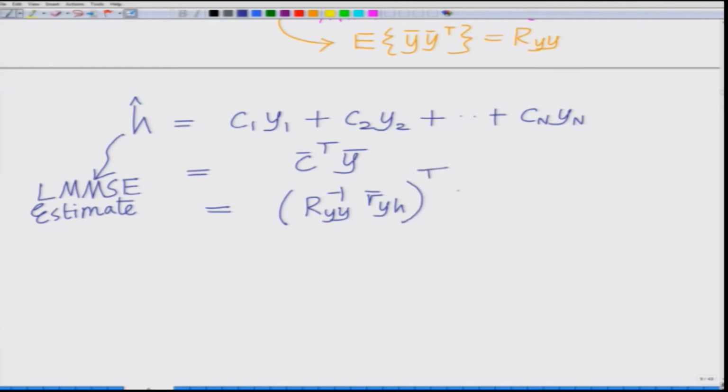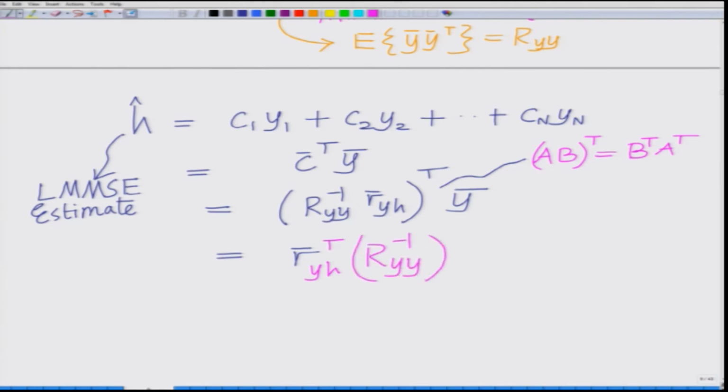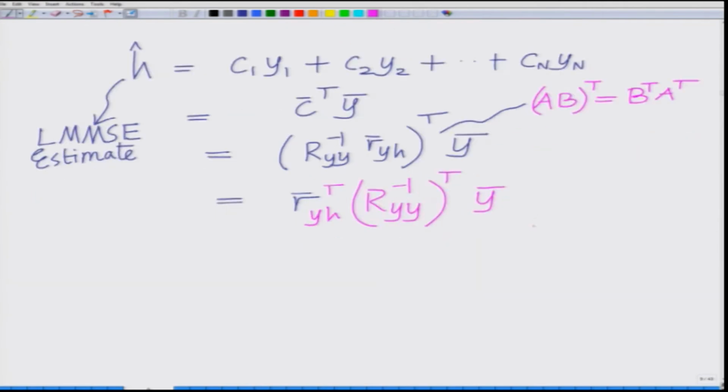This transpose times Y bar, which is equal to, now look at this, this is AB transpose. We will use the property that AB transpose equals B transpose A transpose, to write this as R bar YH transpose R YY inverse transpose into Y bar.